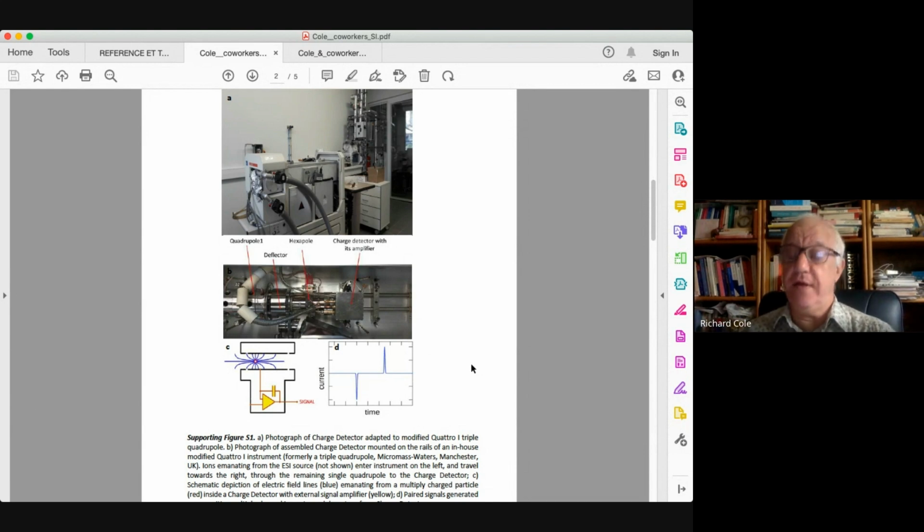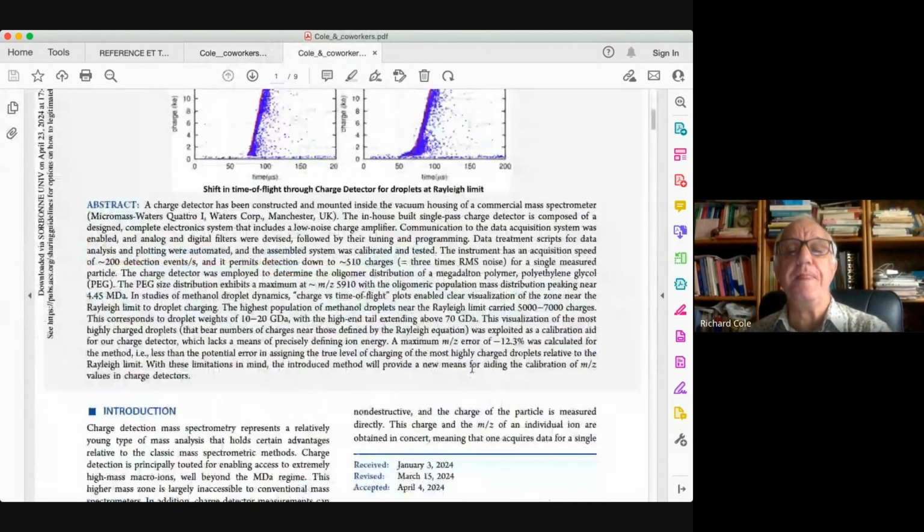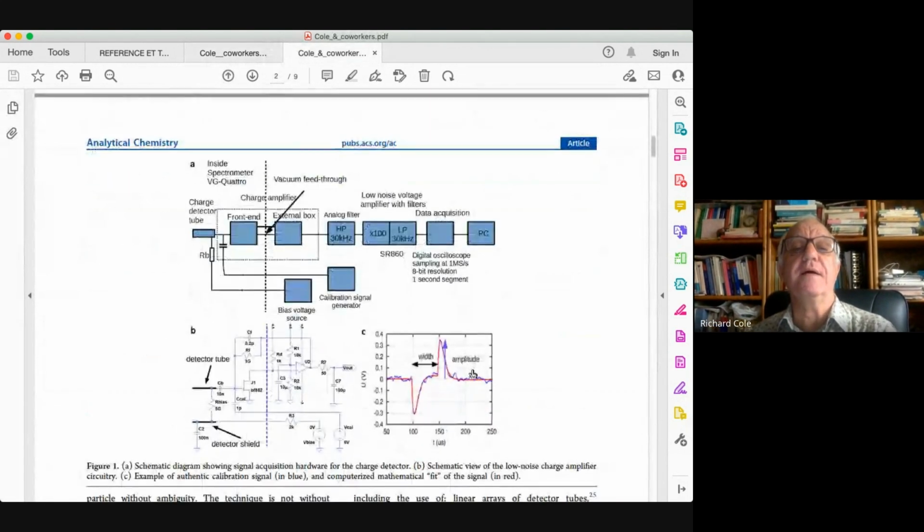So we have that combination of a mass to charge value derived from the residence time inside the tube, plus the magnitude of the charge given to us by really the integral of the peak area, or sometimes it's the peak height that's used.